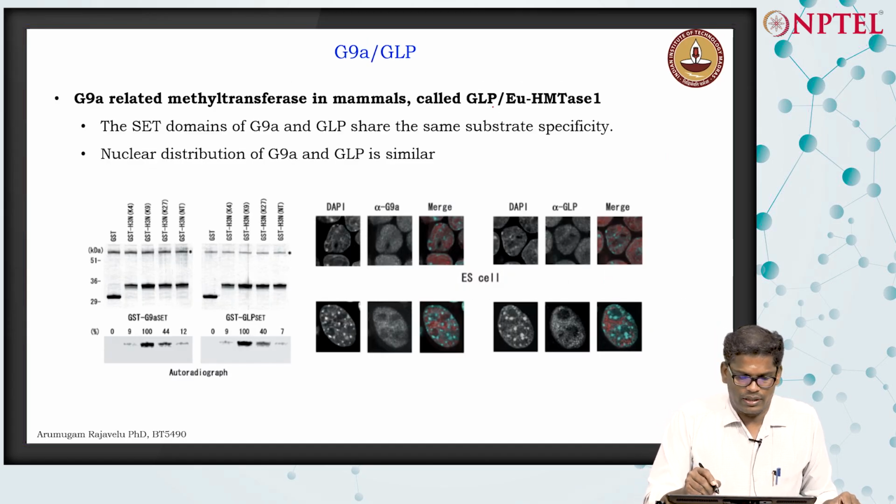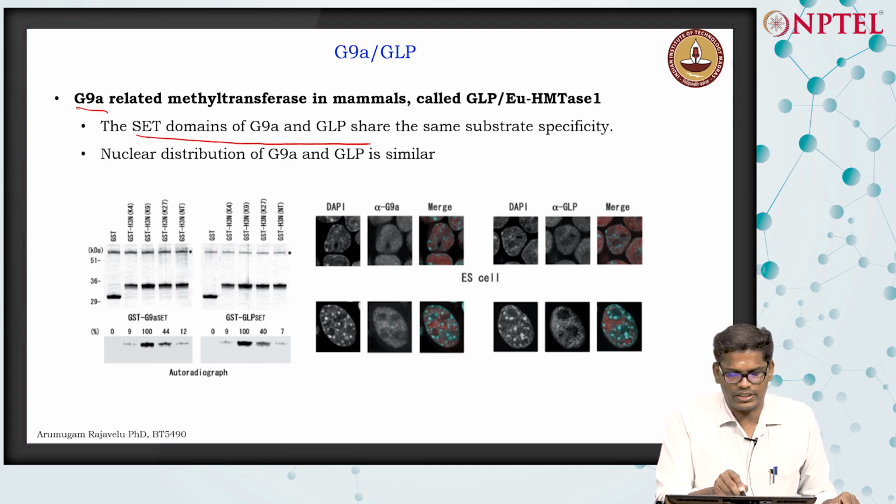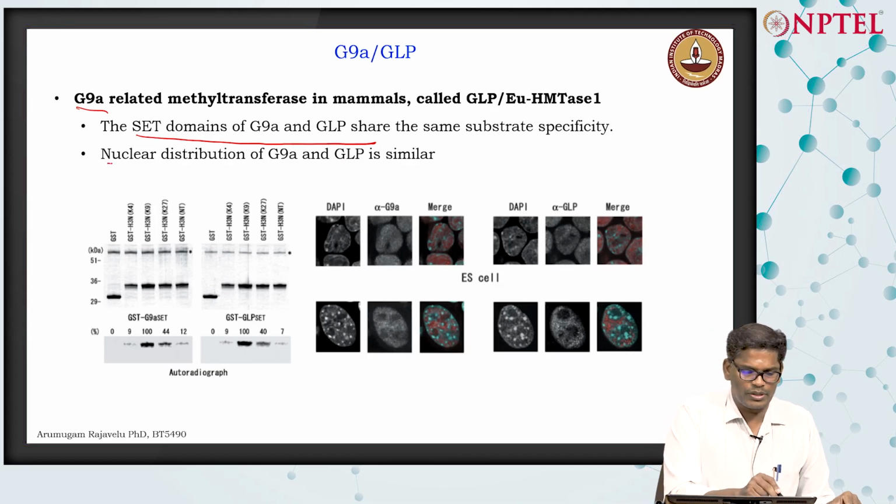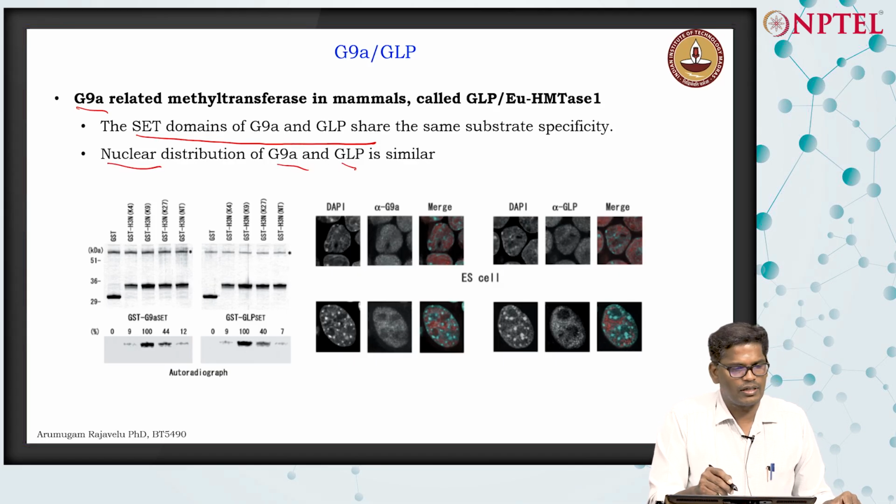Right. So, it is highly related to G9A because the SET domains and many of the structures are almost similar, not very big differences between G9A and GLP. And the nuclear distribution of these proteins is also highly similar, and the biochemical studies also confirm that both are methylating histone 3 only.